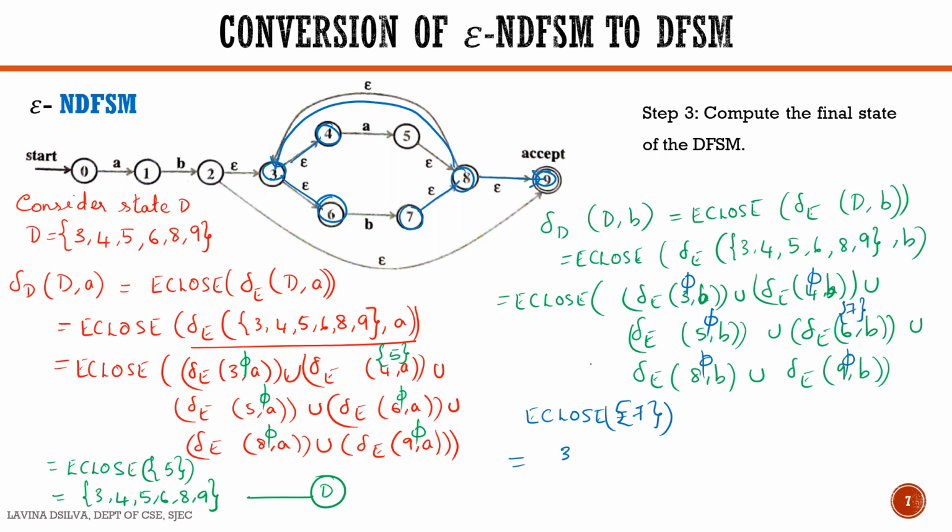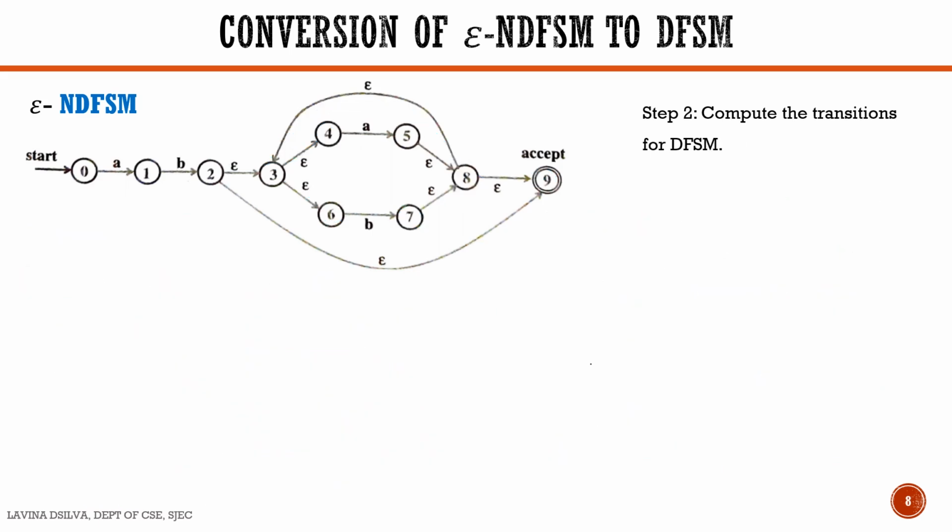Therefore, writing in ascending order, we get 3, 4, 6, 7, 8, 9. And this we have already seen, it is actually state E. So no new state has been formed, and we are yet to calculate transitions for state E. Now we'll consider state E.